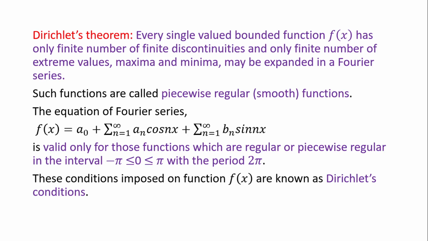Moreover, these discontinuities must be finite, and since there are discontinuities, there will be values of maxima and minima, and again these values of maxima and minima should be finite. If this exists, then and only then the function is represented by a Fourier series. So this is about the Dirichlet theorem.